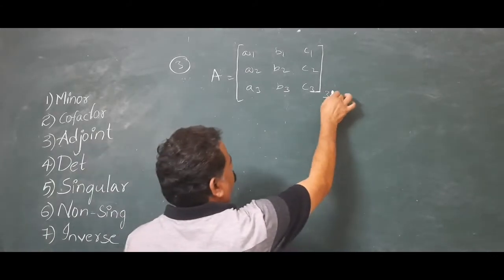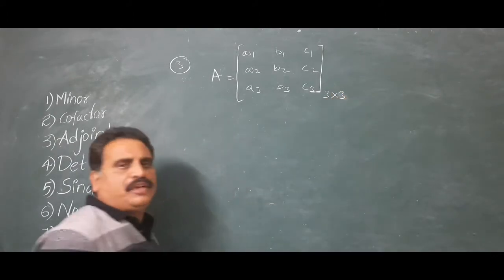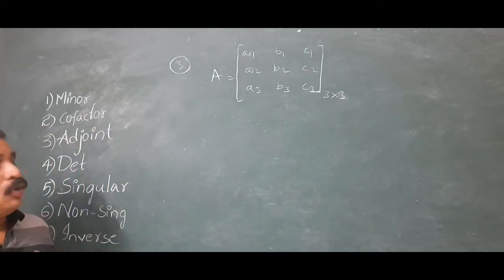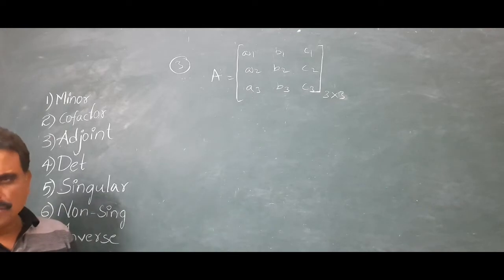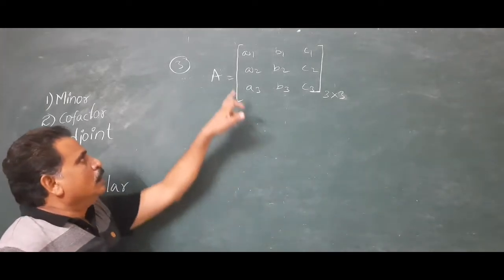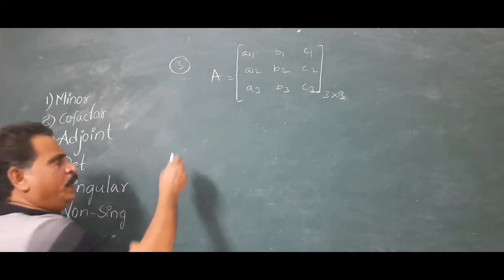Now we have to find the definition of the adjoint of the matrix. How to find the adjoint of the matrix? By using this definition. Now we discuss that. The adjoint of A is denoted by ADJ.